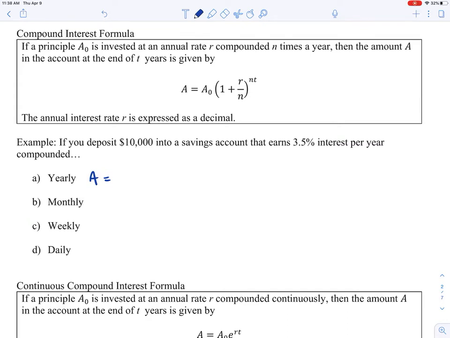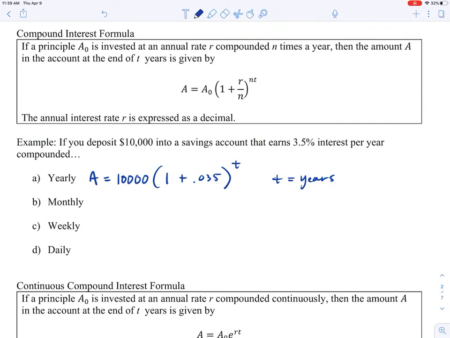So N would be equal to 1 in this case, and we could just use that general formula from above. So $10,000 being our initial amount, we would have 1 plus 0.035 raised to the t power, and for t, I'm going to use years. So t is the number of years that have passed.